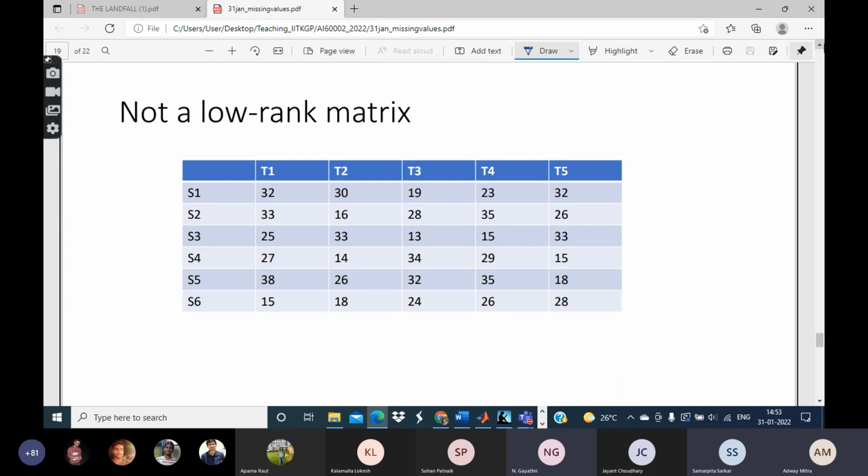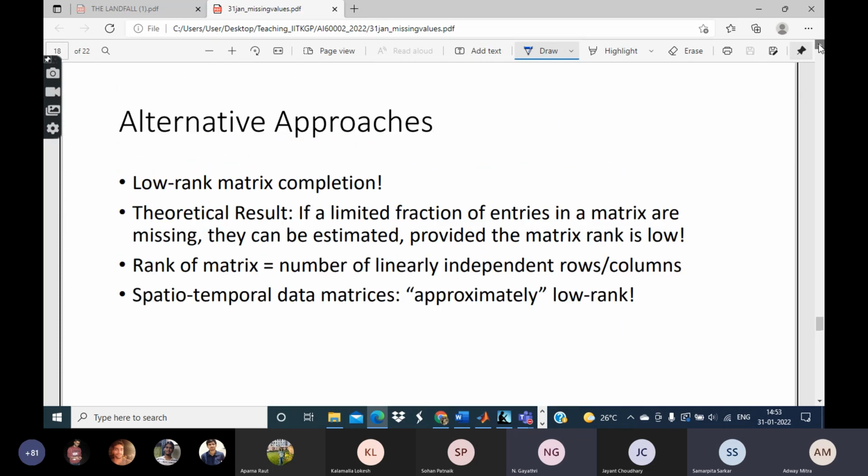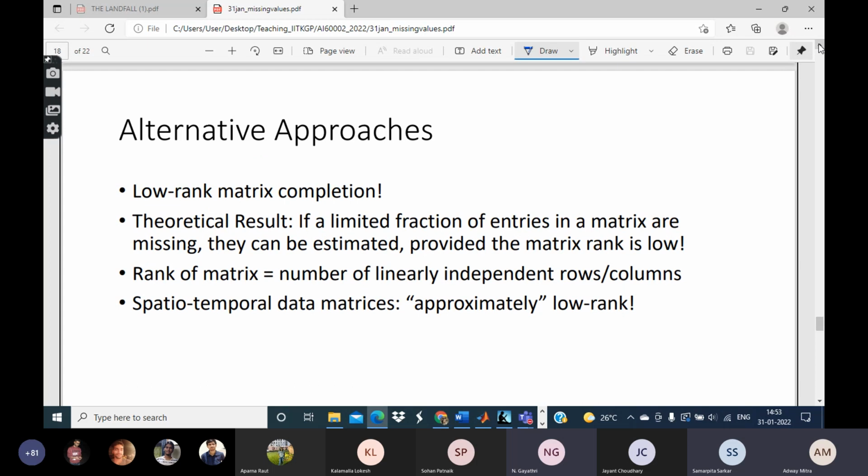Now it will not always work, but if the full spatiotemporal data matrix that we started with is a low rank matrix, then there are ways to solve the problem. Let me give you a very simple example.